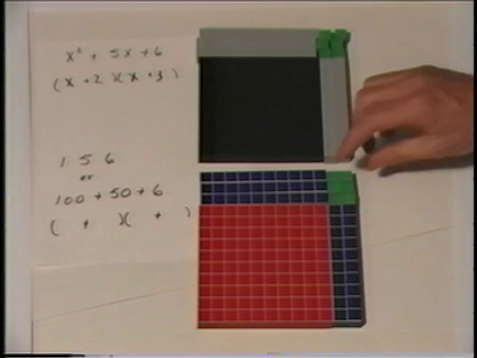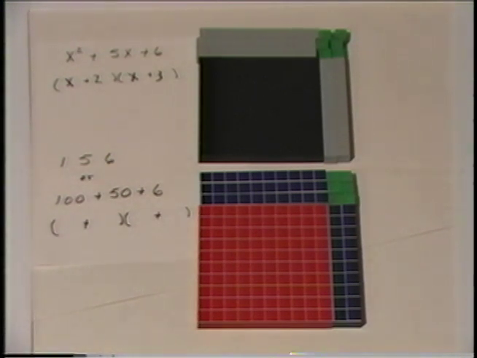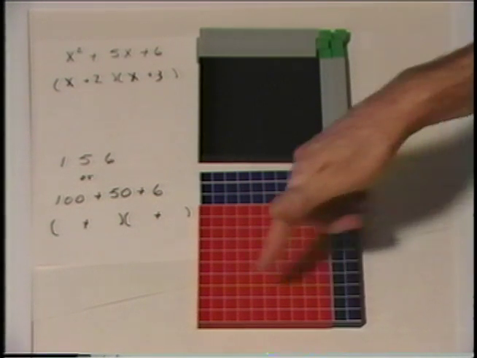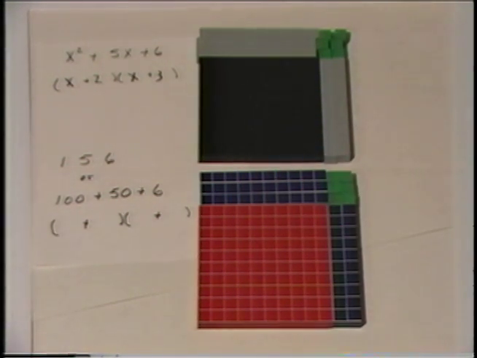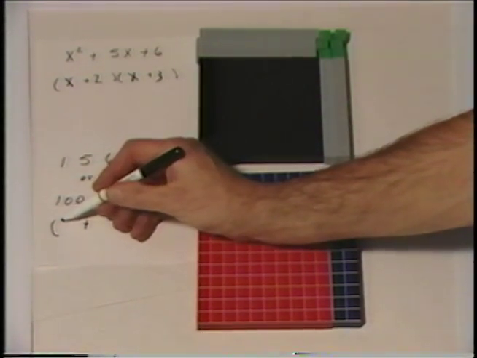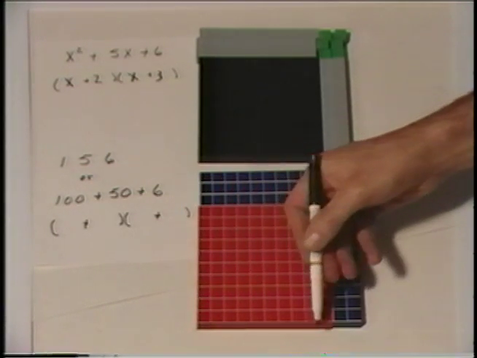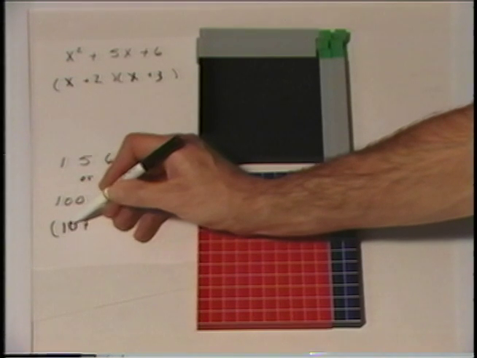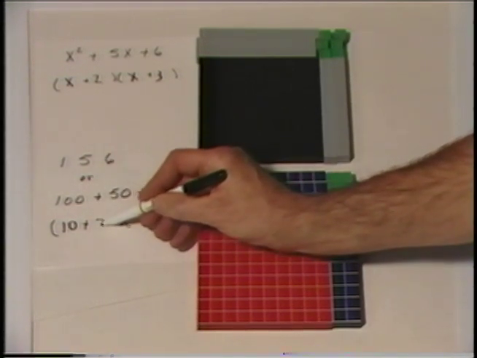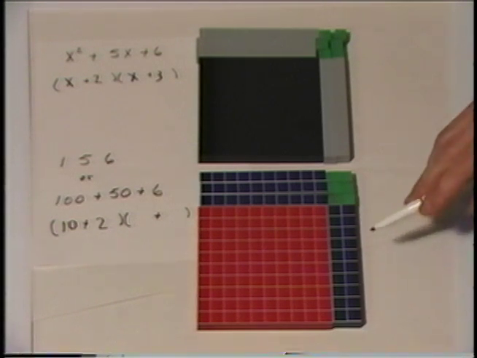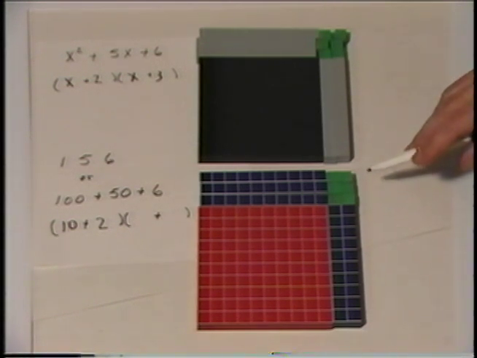And we started with the amount, and now we must read the dimensions, distance over and distance up, once we have placed the amount in a rectangular shape. Our distance over is 10 plus 2. Our distance up is 10 plus 3.